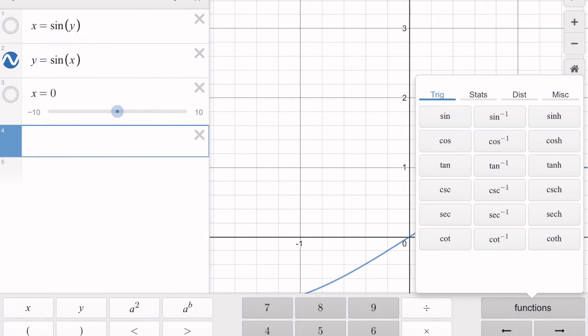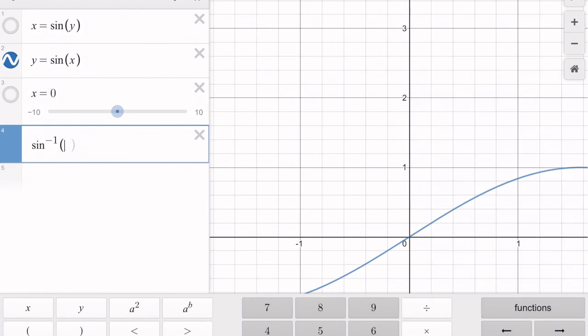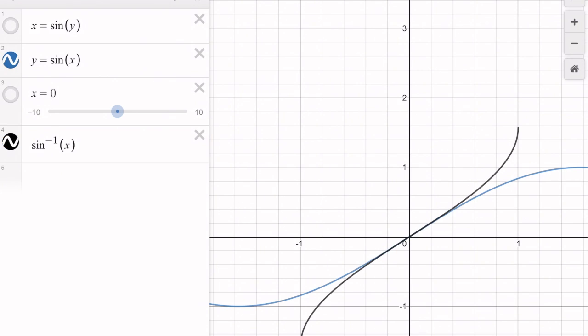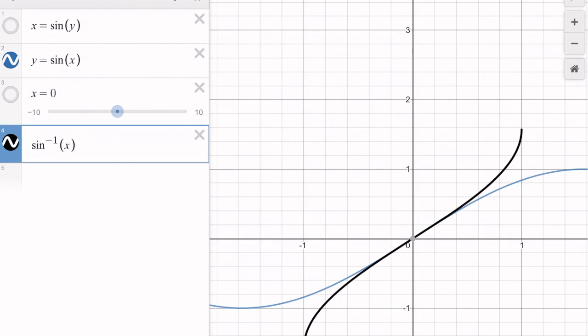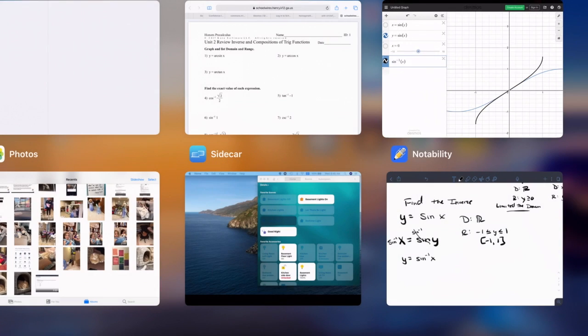So if we graphed the function inverse sine of x, we see that the domain is from -1 to +1, and that's what our y values are. We switch the x and the y, and our y values in turn would be from -pi/2 to +pi/2.